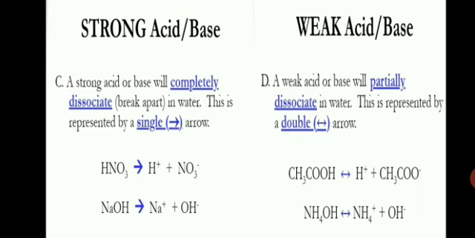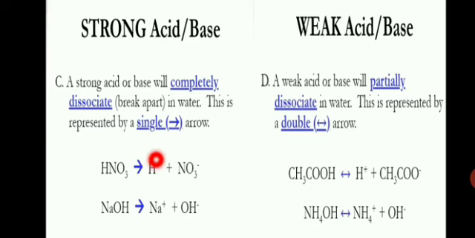In an acid, what is the type of ion produced? H plus ion. And in a base, it is OH minus ion. When it completely dissociates as H plus or OH minus ion, we call it a strong acid or strong base.